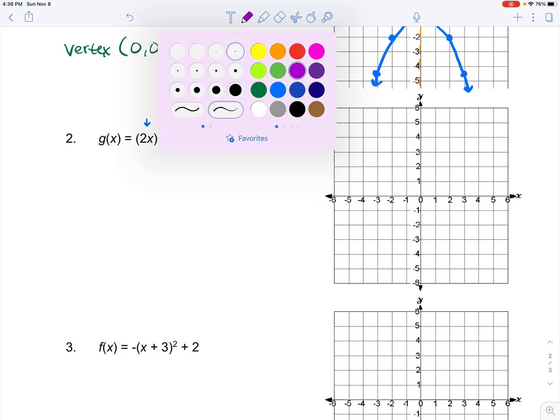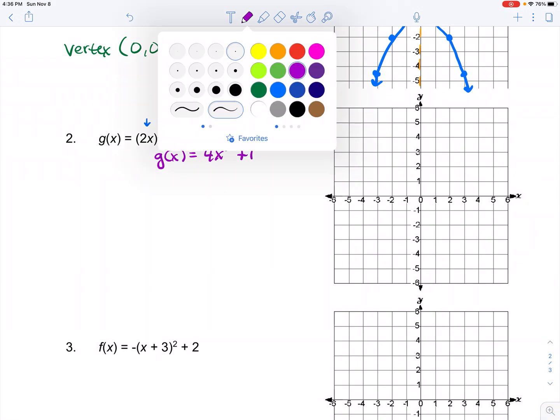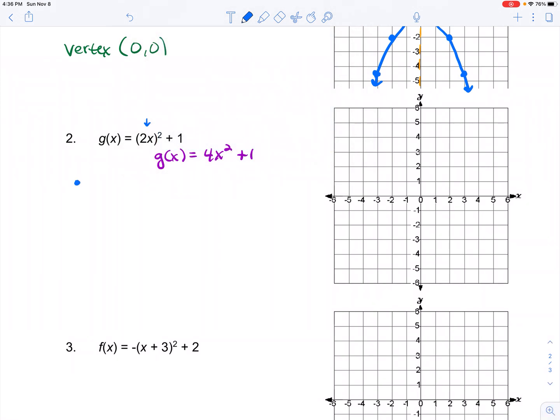I can rewrite this. G of x equals 4x squared, because 2 squared and x squared, plus 1 to take it out of parentheses. But just remember, that's because of the parentheses here that's being squared, that makes it a horizontal shrink.